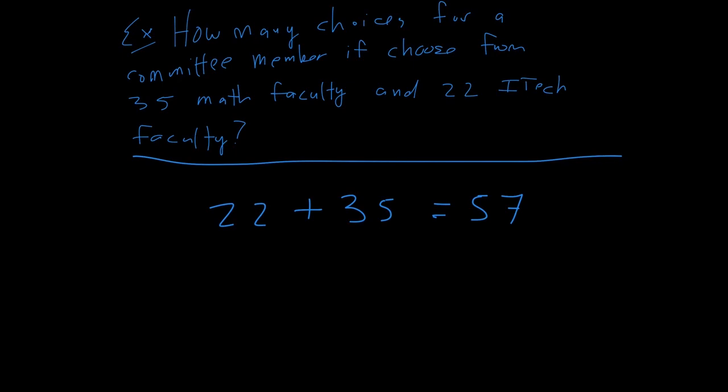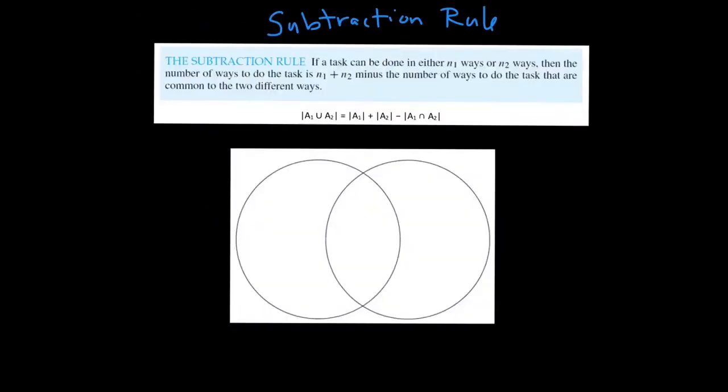Okay, now let's see what happens if there is an overlap between the two different tasks. This is called, the book calls it, the subtraction rule. So again, let's read this explanation and then look at the Venn diagram for a little bit of motivation. If a task can be done in either N1 or N2 ways, then the number of ways to do the task is N1 plus N2 minus the number of ways to do the task that are common to the different ways.